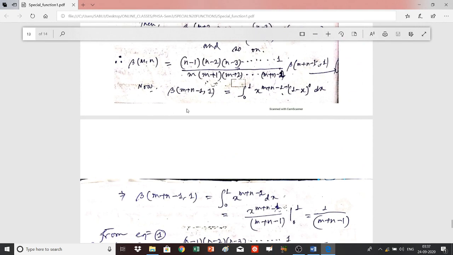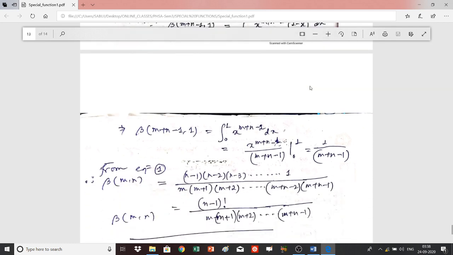Just use this expression. Now beta m plus n minus 1, 1, the value of it will be the integral from 0 to 1 of x to the power, you just use the value of m instead of m plus 1. In case of m you use this value, the definition was integral 0 to 1 x to the power m minus 1, so first this term is here, and then 1 minus x to the power 1 minus 1, that will give you 1, dx.